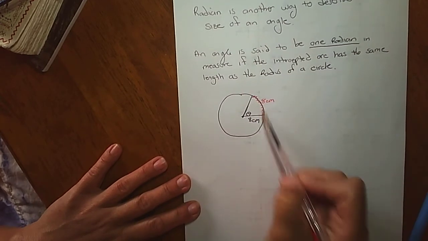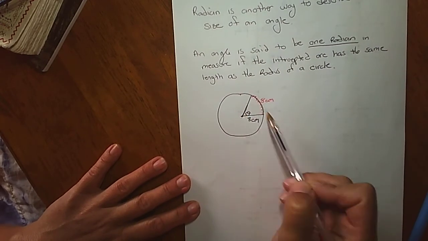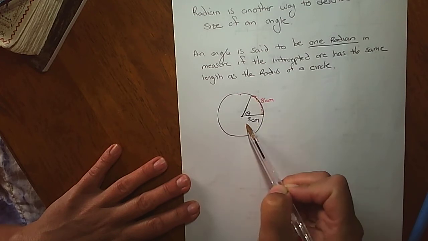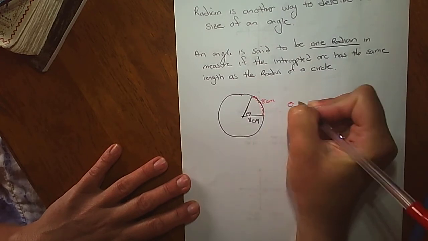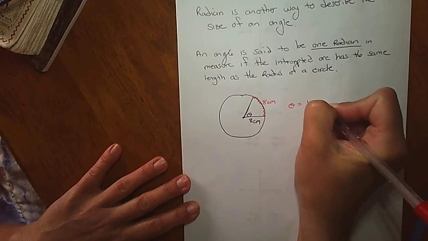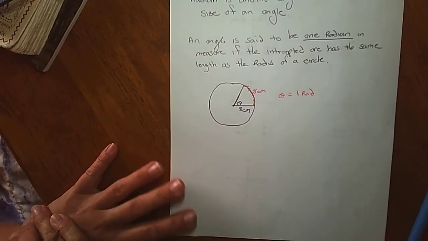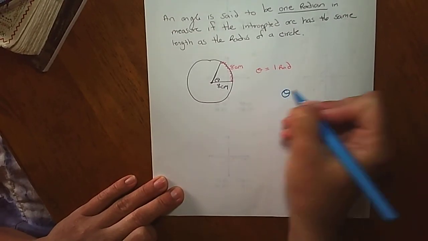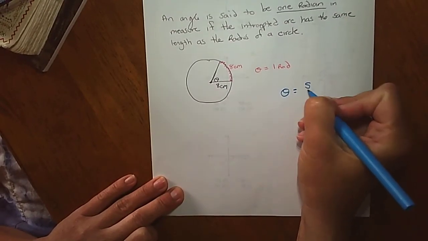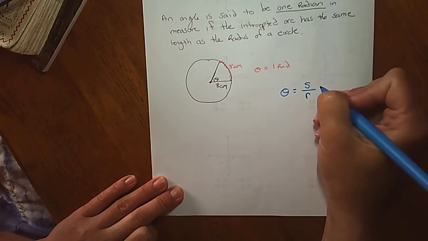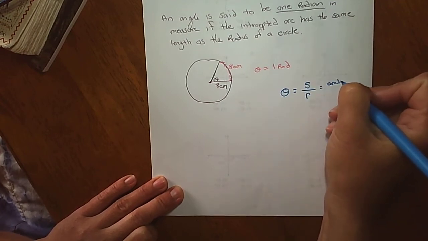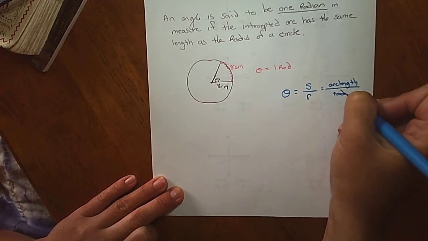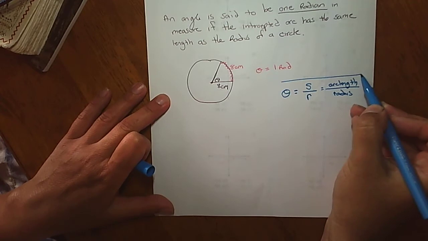So anytime we have a circle and a central angle, if this arc right here is the same length as this radius, theta equals 1 rad. So there's a formula we get from this, and the formula is theta equals S over R, where S stands for arc length, and R stands for radius. And you should have done something like this in geometry last year.